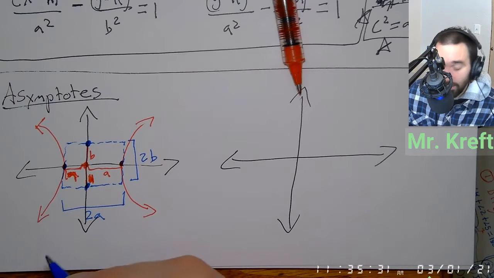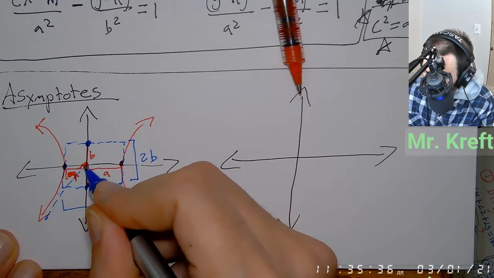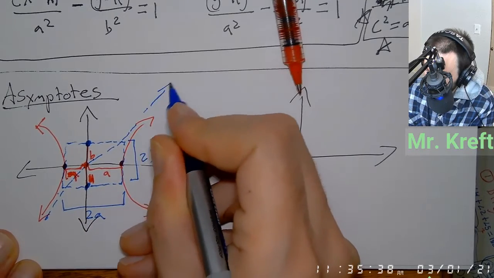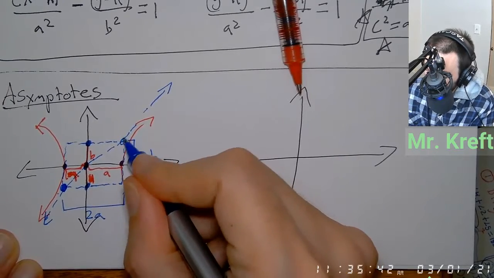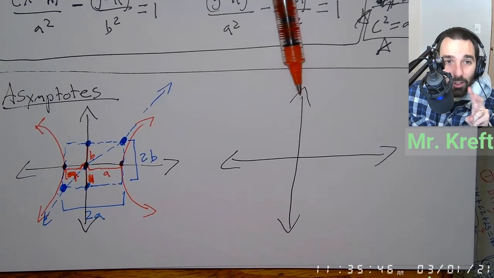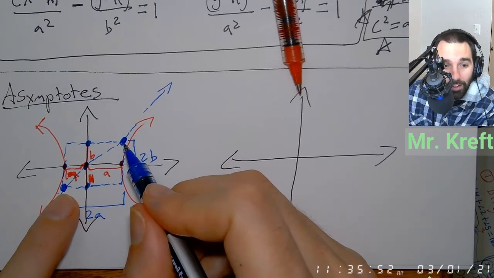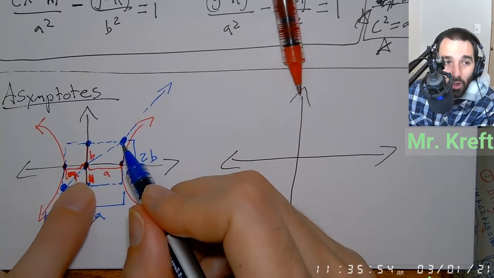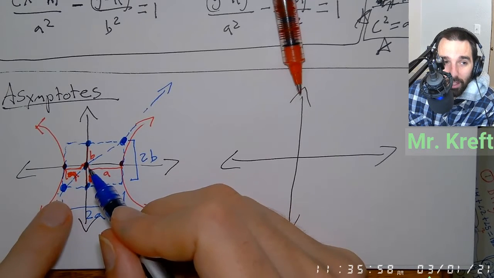To write the equation for our line, all of our lines are going to go through the center, and through those points. So it's going to go through here, here, and here. So to get a line, we always need 2 points. Now, that means you can either get both of these points, but that's going to be a lot of work, or you can use the center and one of these points, right?